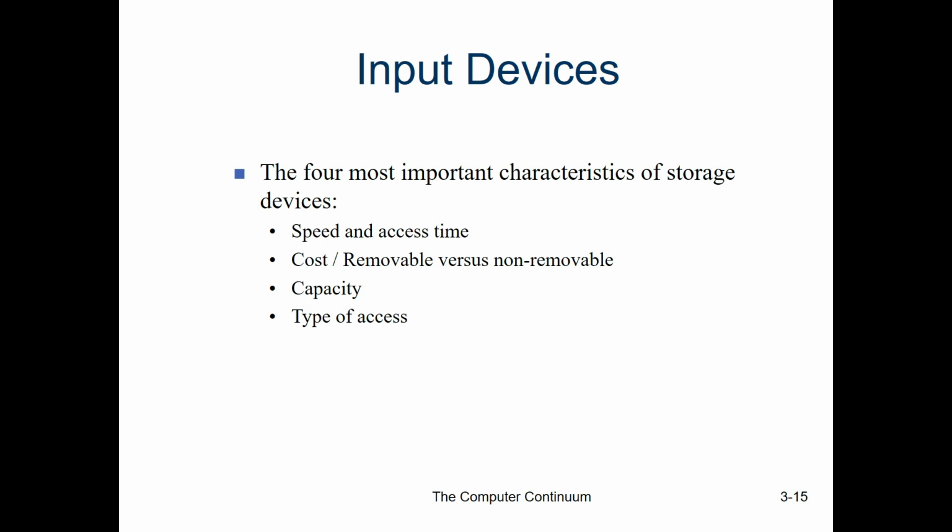We mostly call them storage devices because we store information inside them, like SSD cards, hard disk drives, and DVDs. There are four main characteristics of these devices: speed and access time, how fast you can access information whenever it's required; cost; removable versus non-removable; capacity and type of access.